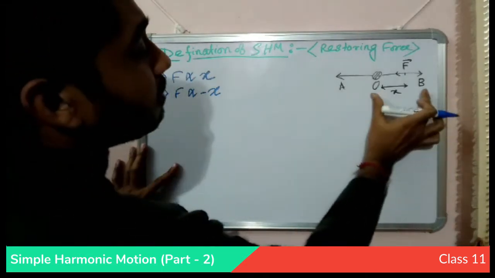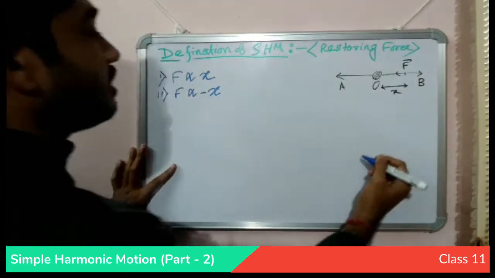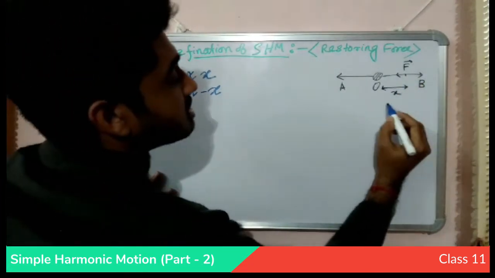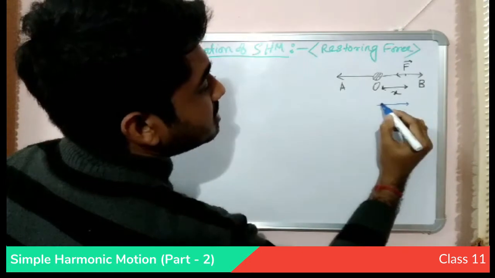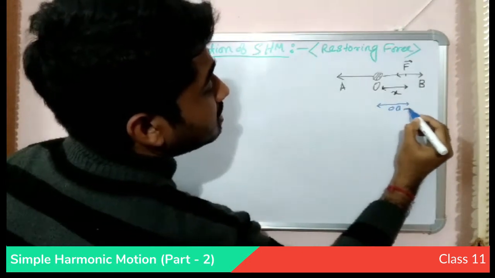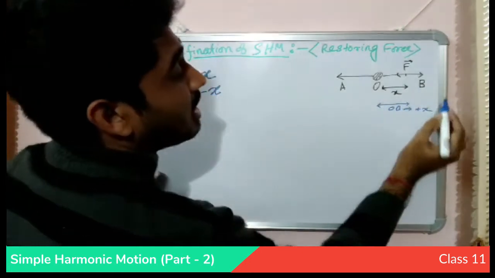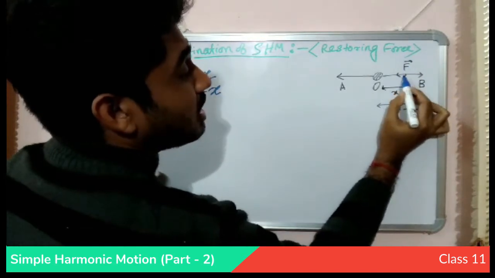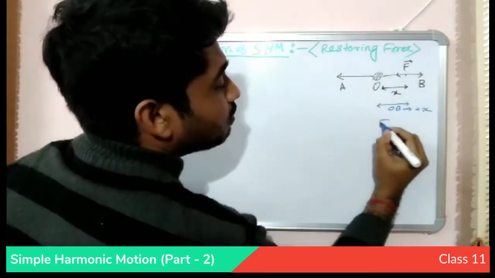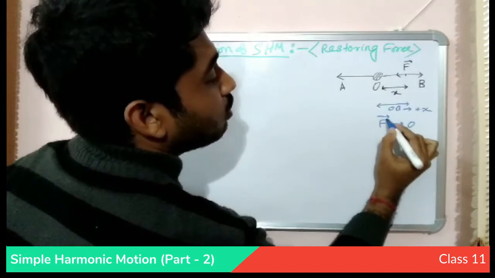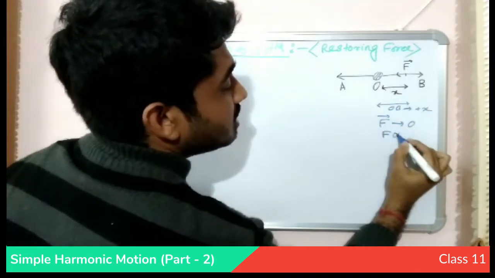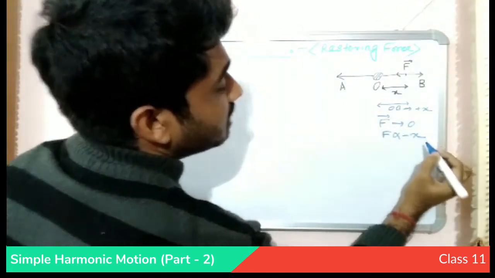So on the positive x-axis, try to understand, this direction OB is plus x, and the force is towards the equilibrium, that is, the force is along the point O. So force is proportional to the negative x-axis.